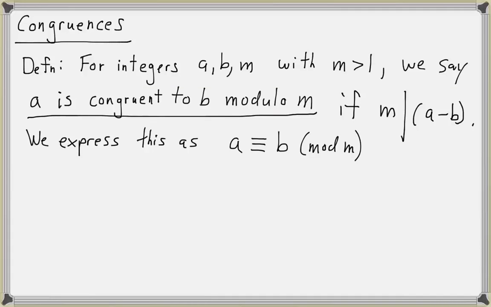So m is called the modulus. So a is congruent to b mod m. That's the way this is written. This is the notation that Gauss presented in his work Disquisitiones Arithmeticae in 1801.